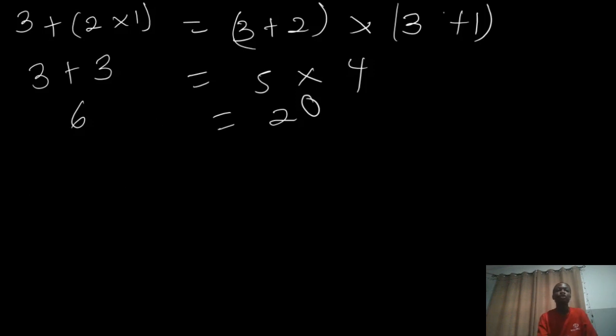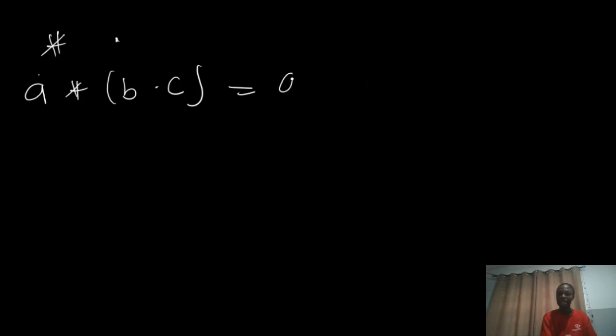So let's take two operations. So you can be given two operations to work with. So let's say you are going to work with star and dot. So if we have, let's say, A star (B dot C), if you are distributing star over dot, here we are going to get (A star B) dot (A star C).